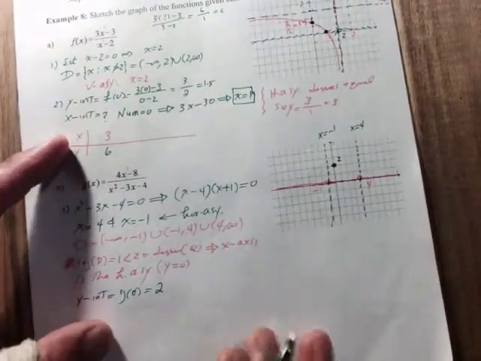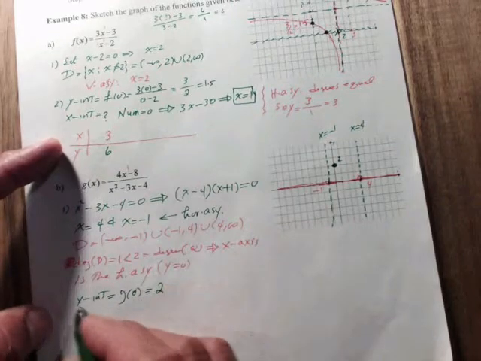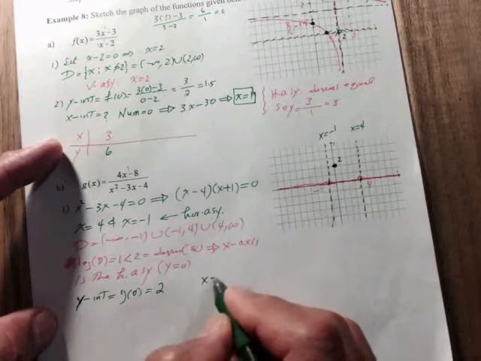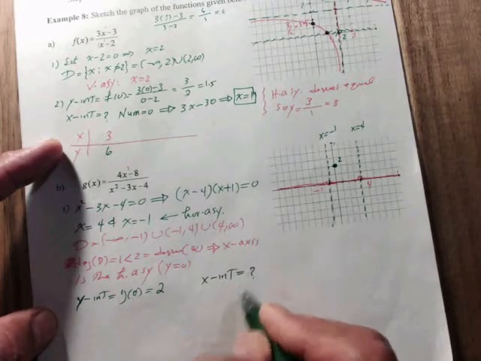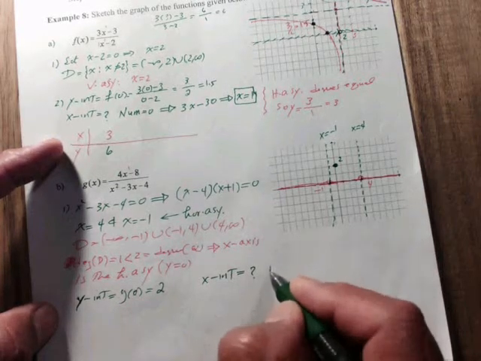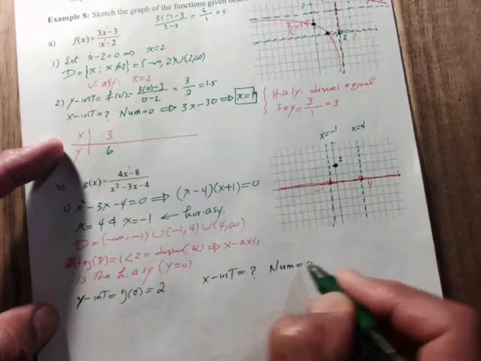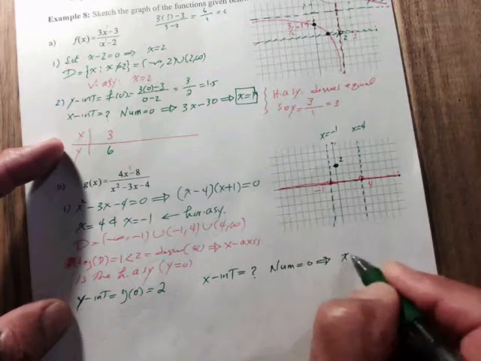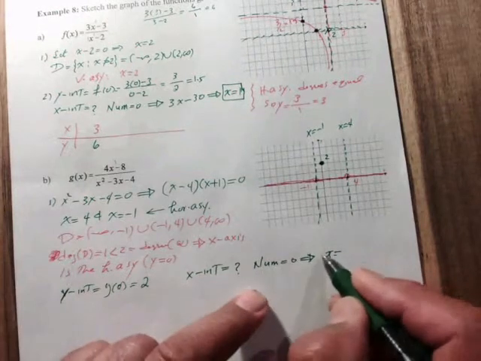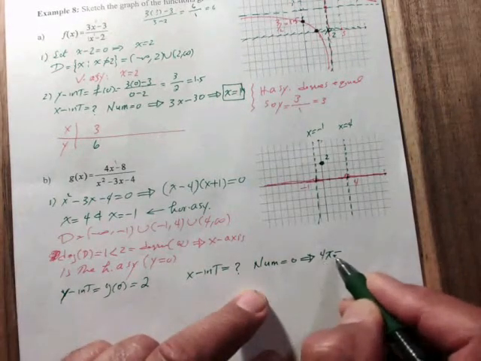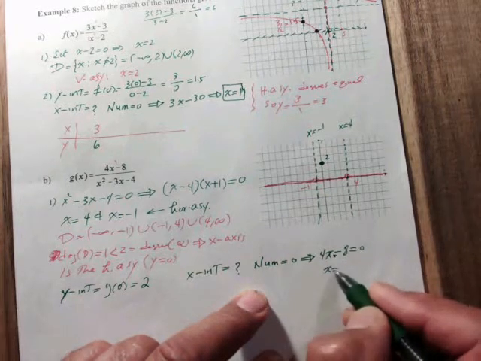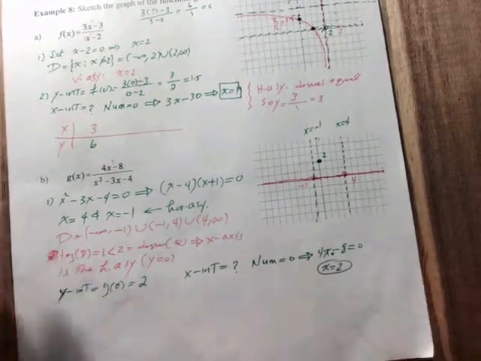X-intercept. Put the numerator equal to 0. This is y-intercept, by the way. X-intercept equal to what? Put the numerator equal to 0. 4x minus 8 equal to 0, x is equal to 2 as well.